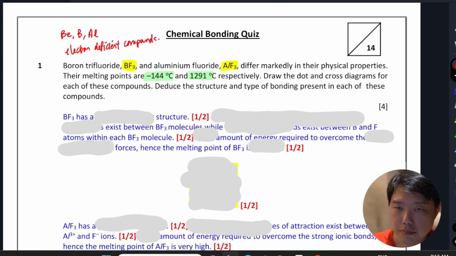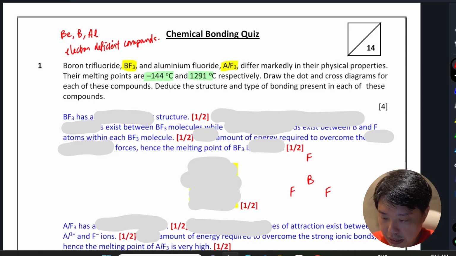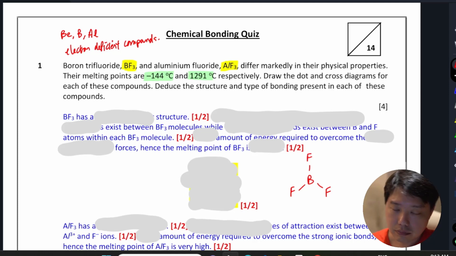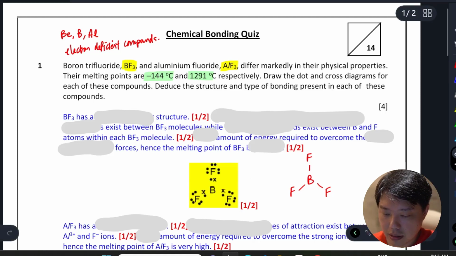Electron deficient means that they do not have the octet configuration. So when you draw boron trifluoride, you already know that boron has 3 valence electrons, so it will form 3 single bonds with fluorine. So all you have to do is fill in the dot and cross for boron trifluoride, and you should get this answer.